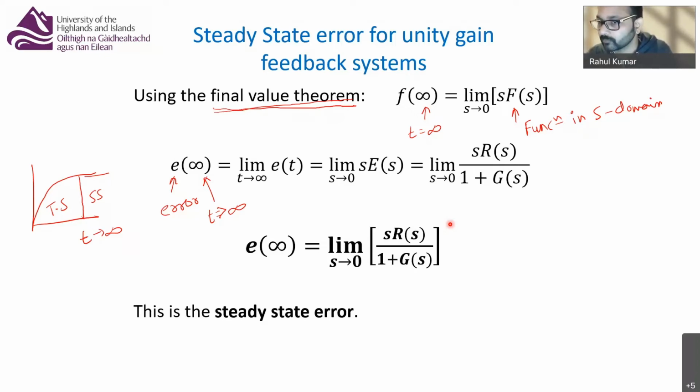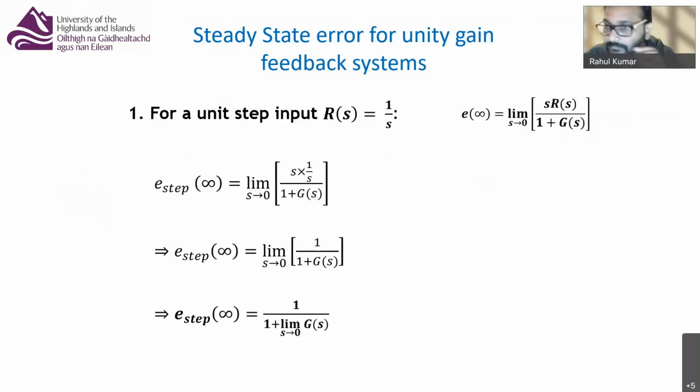I will try and develop formulas for calculating errors for step, ramp, and parabolic input using this formula. Okay, so I have developed the formula for steady state error. R of s is my input.